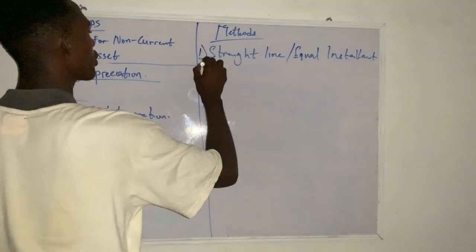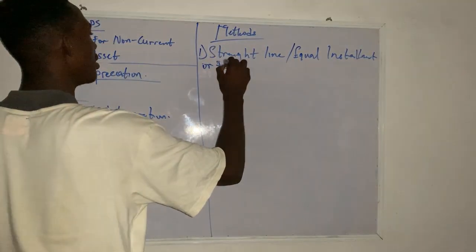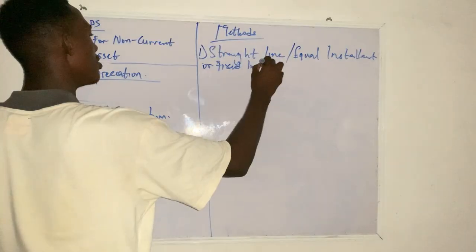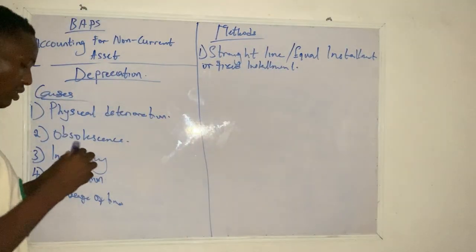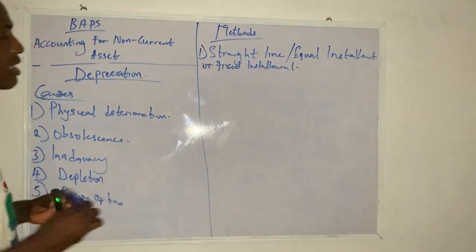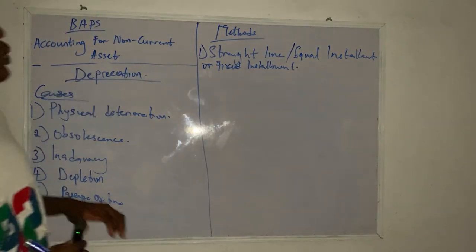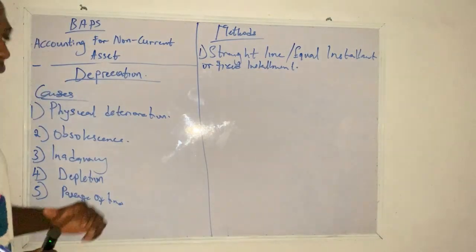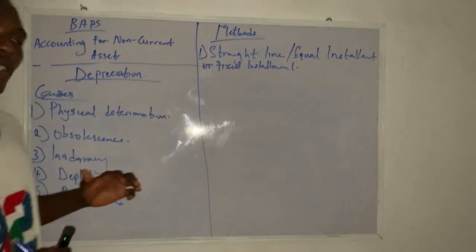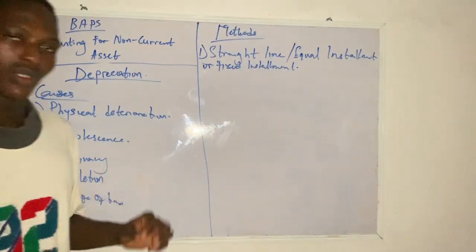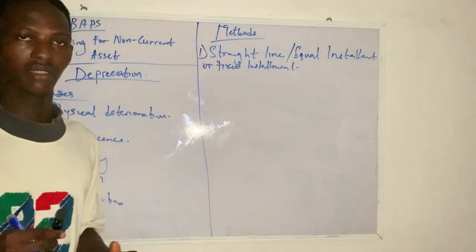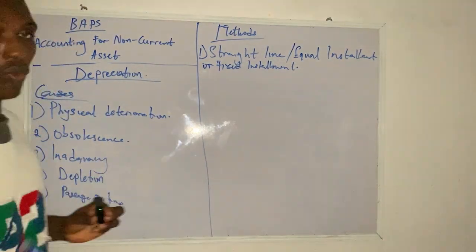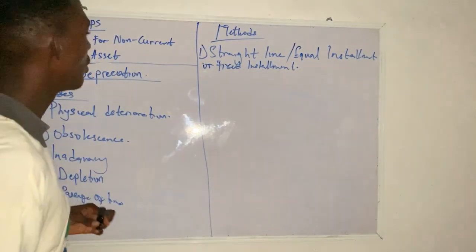They can also call it fixed installment. It is fixed in the sense that the amount that you depreciate for the useful life, the depreciable amount for the useful life of the asset, is the same throughout all the years. Are you getting me? We will solve a question for it and you get to understand what they mean.